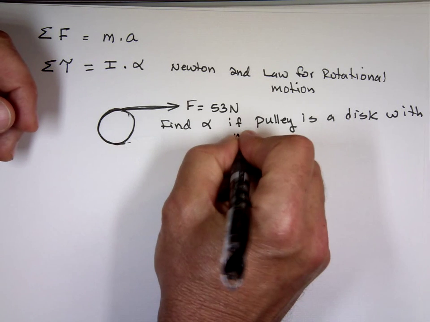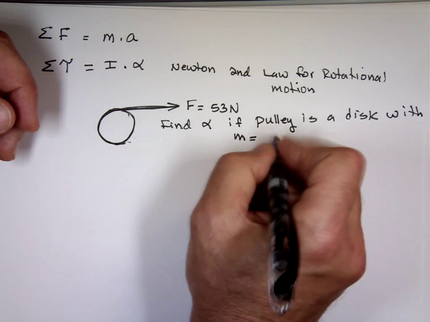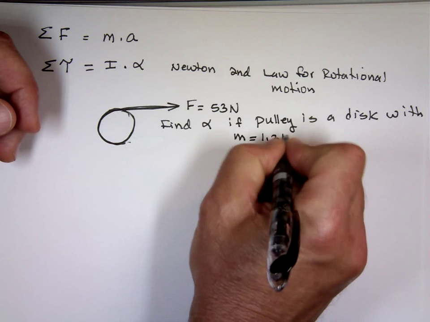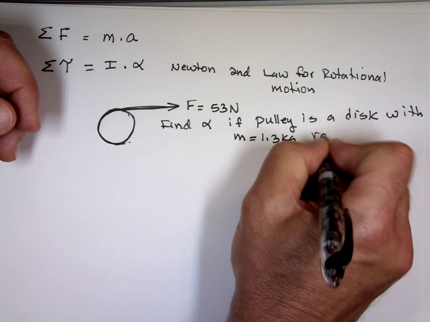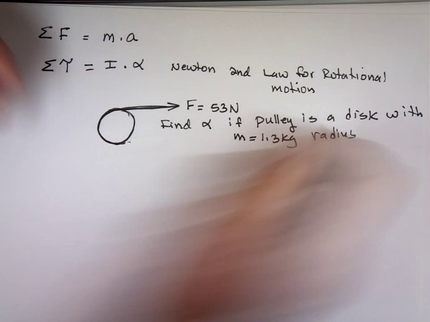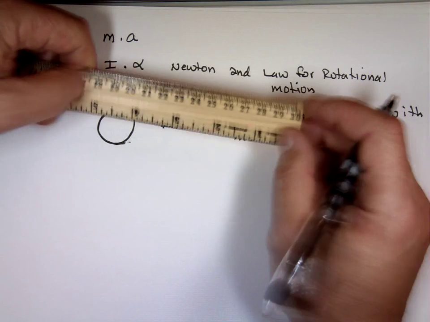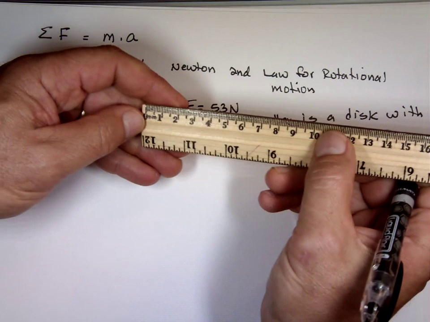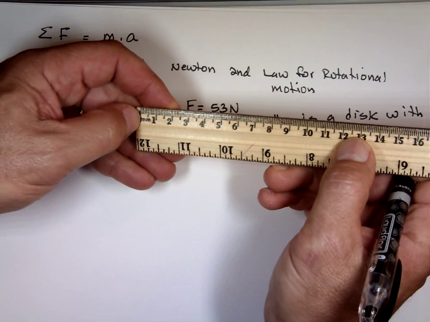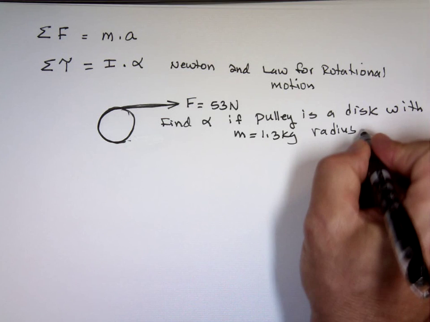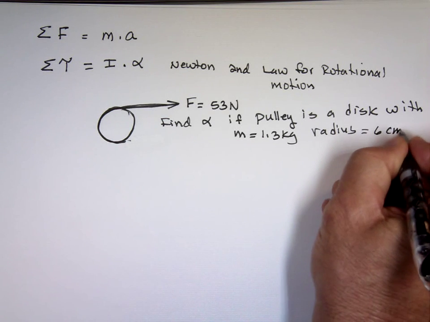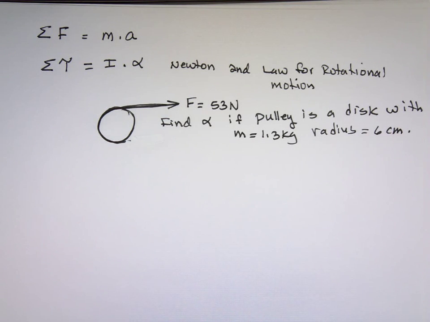With mass equals what? 1.3 kilograms. And radius for the lawnmower, it's probably end to end, just a wild guess here, 10, 12 centimeters. So it's a radius of 6 centimeters. That'd be 0.06 meters, right? Correct, 0.06.